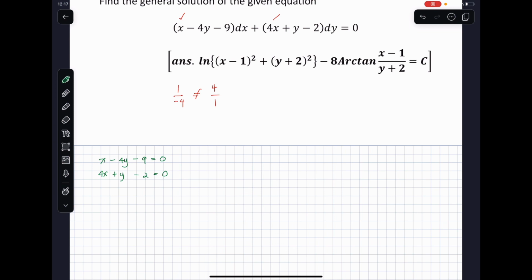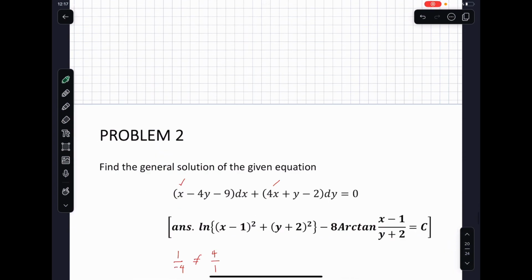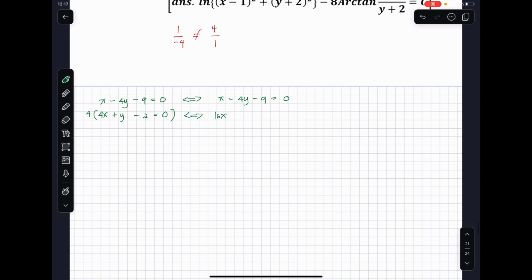So I'm going to just rewrite the first equation as x minus 4y minus 9 is equal to 0. For the second equation, I'm going to multiply everything by 4, so that makes it 16x plus 4y minus 8 is equal to 0.